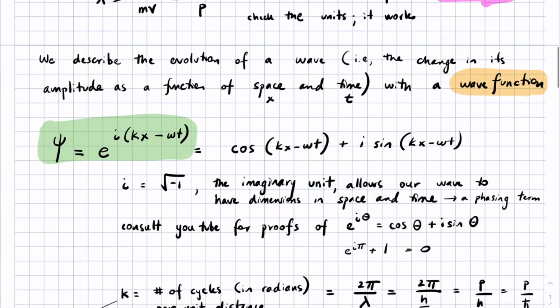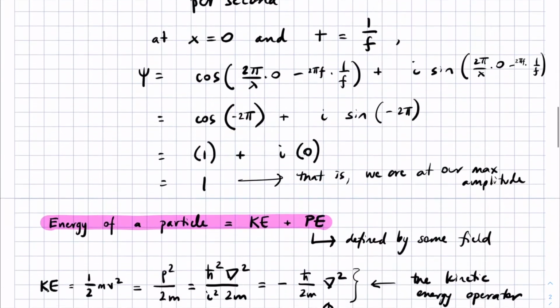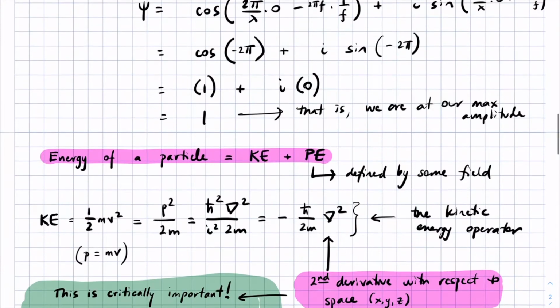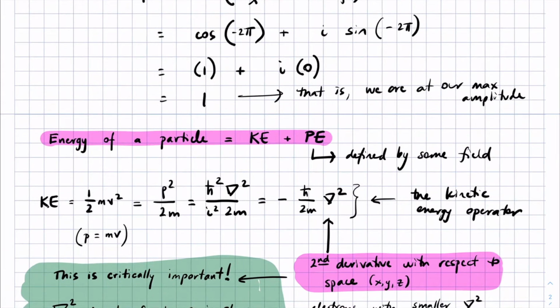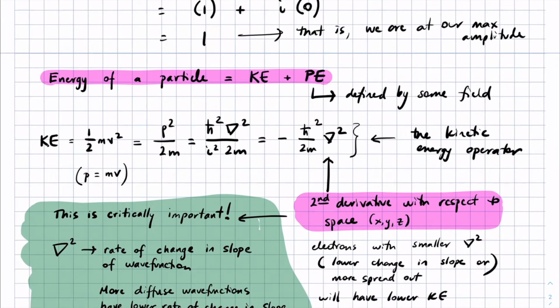And we made some substitutions to finally come to the expression showing that the kinetic energy of a particle is related to h bar squared divided by the mass of the particle, and then this del operator, which is the second derivative of the wave function with respect to space.